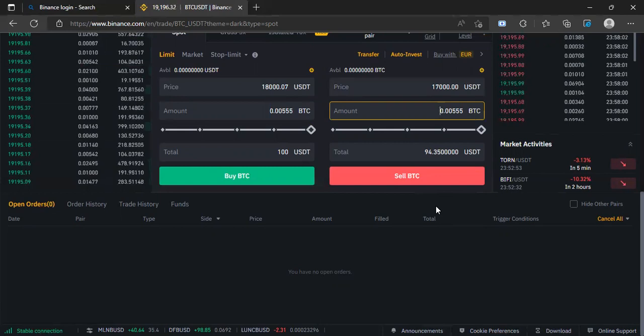Here, if you buy the crypto and you want to sell it, as mentioned before, you need to have it first. You have to purchase it, and then you can sell it at a higher price, or you can set it to a lower price, meaning that if it goes down, well, you sell it there at a discount. That's the only difference when it comes to trading it like if you were trading Forex.